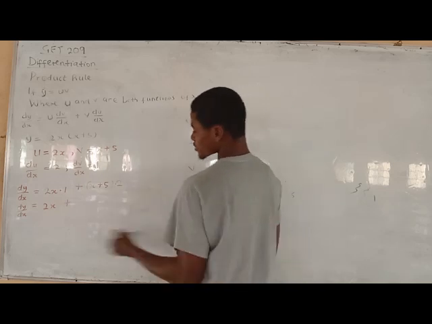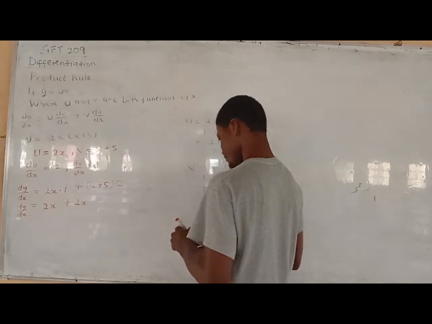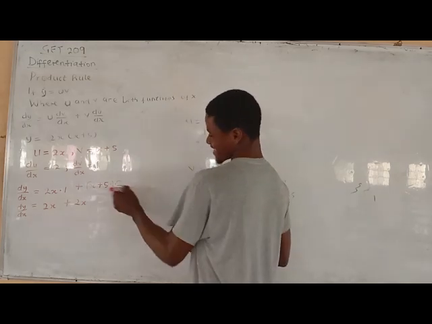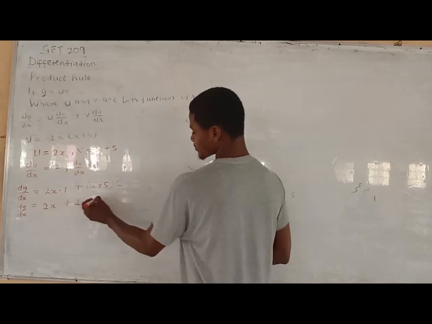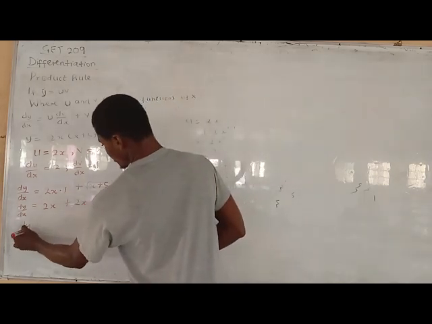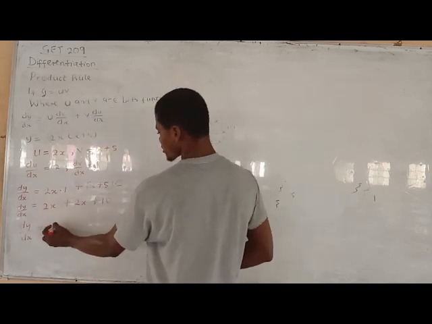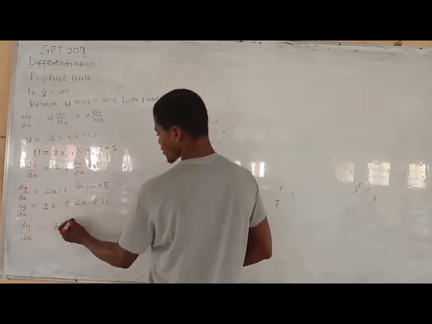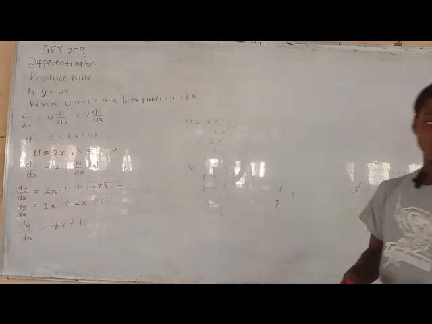So 2 times x is what? 2 times 5 is what? So dy over dx equals to what? 2x plus 2x is what? 4x plus 10. That is all for product rule.